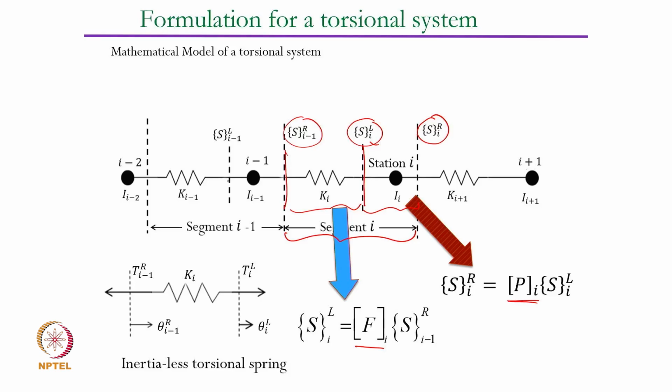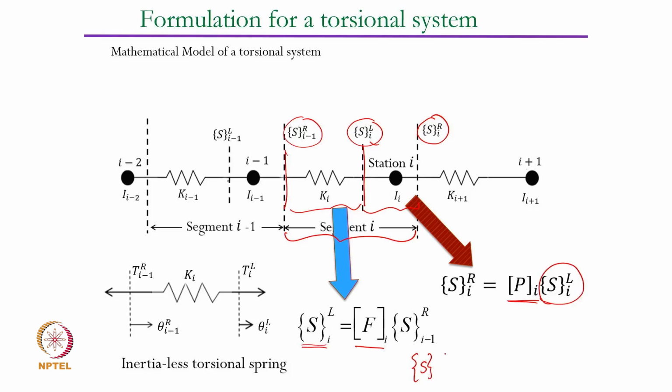Now let's club them together so that it represents the entire segment. And it is quite simple here, because you have a state vector SLi here. If I replace it by this, what can I get?